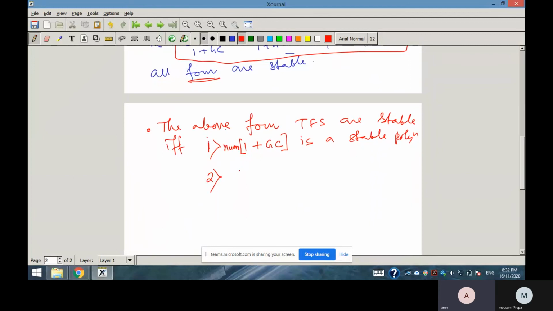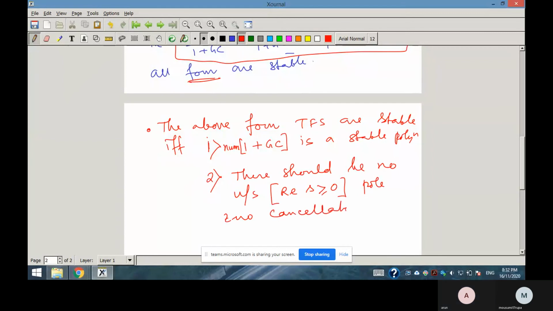Then what else is required? There should be no unstable pole-zero cancellation in the product GC.